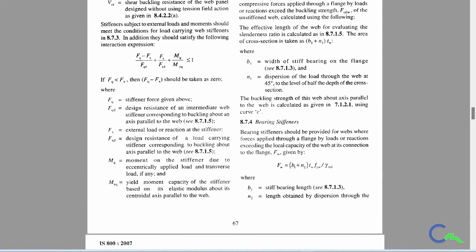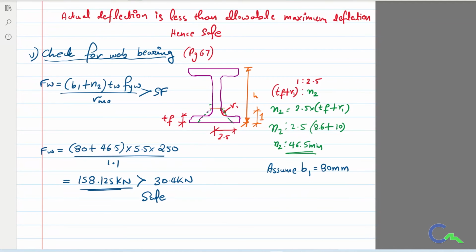Okay, B1 plus N2 into TW into Fy divided by gamma m naught. By taking that formula, B1 we are going to assume as 80 mm for I section or most of the rolled sections, and N2 we have to calculate. For N2, the load dispersion is in the ratio of 1 is to 2.5, horizontally 2.5, vertically 1.